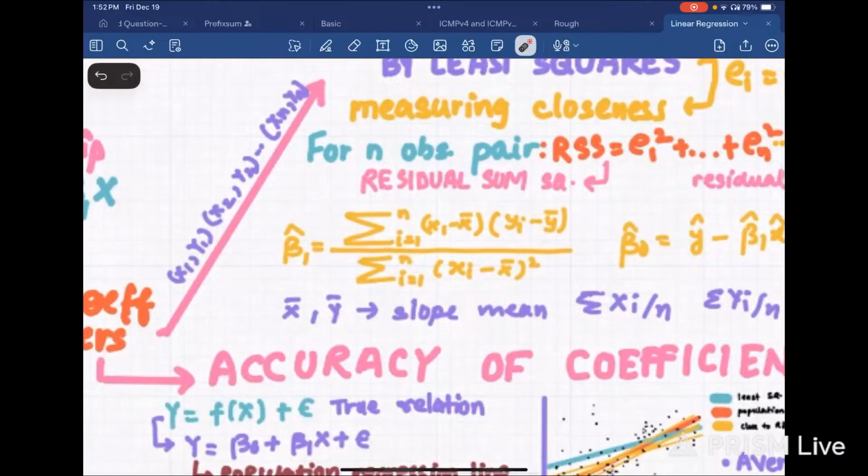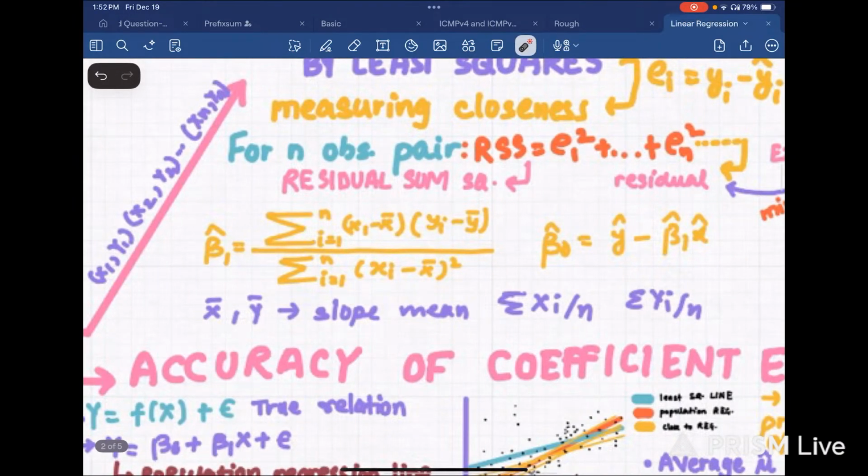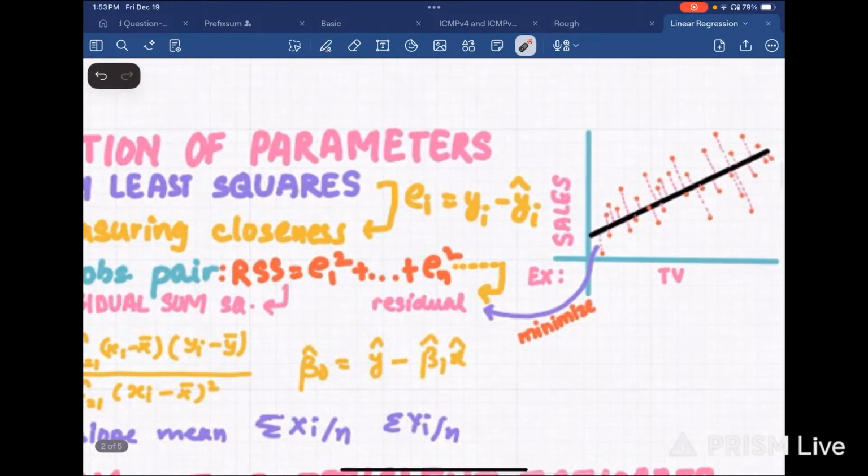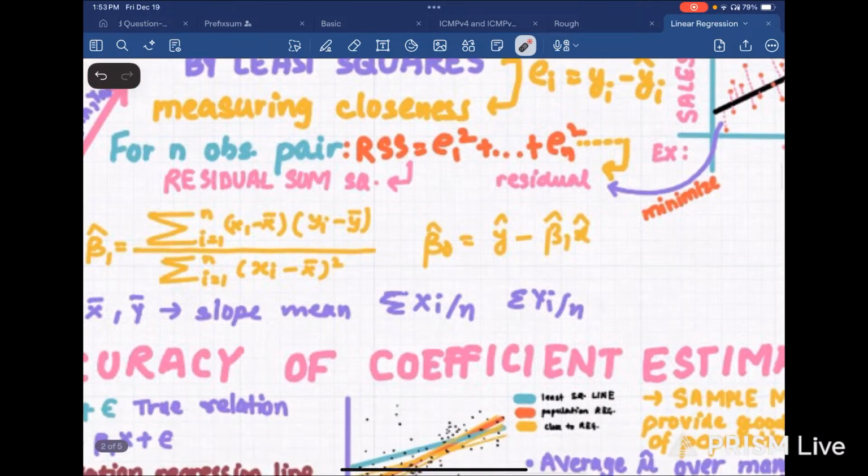To minimize this, we have seen that it can be minimized using some of our knowledge about differentiation, and we can find beta 1 cap, the slope.